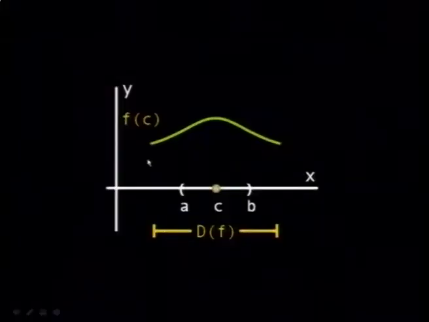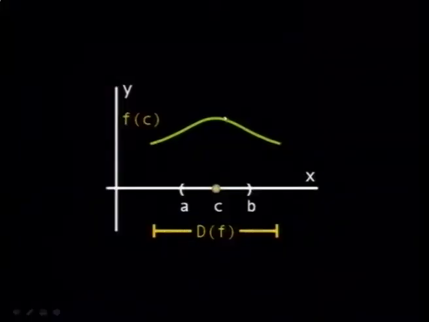Now, here is a demonstration of this local maximum. Here is an open interval in the domain of the function, which is drawn here, and c is a point in this neighborhood, and c is an interior point, and at this point c, the function attains a local maximum. Why is it local?